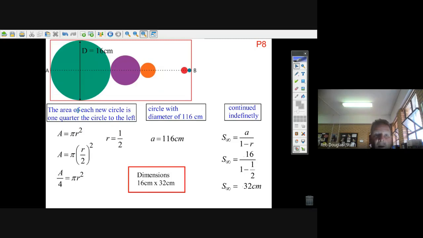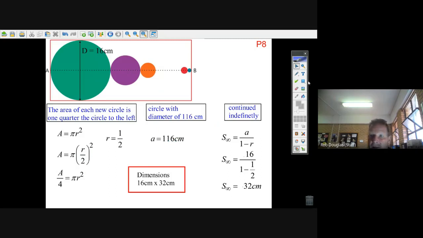First, the area of each new circle is 1/4 the circle to the left. Well, if this area turns into 1/4, I must have taken the radius and cut it in half, because 1/2 times 1/2 is 1/4. So each new circle, the radius is cut in half. Well, that makes sense if the diameter is cut in half.